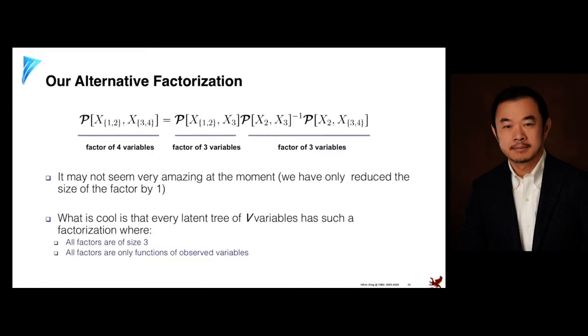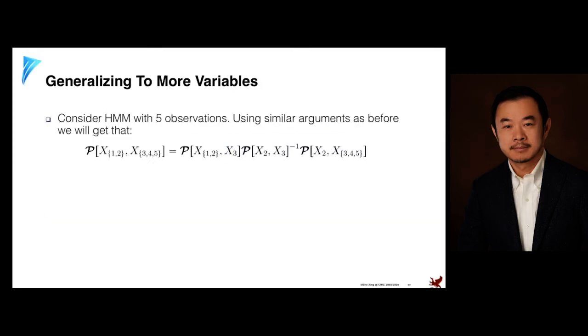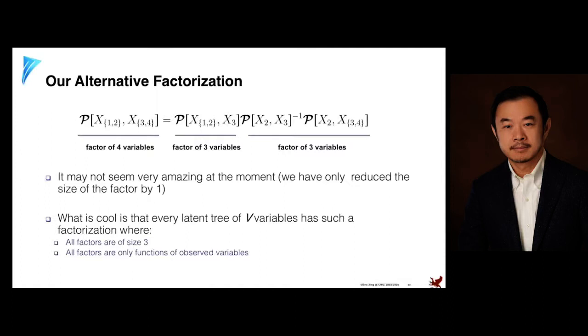So to sum up, you can use an observed factorization now to break a big observation matrix into a product of small matrices, each of which only includes the observation random variables. And of course, in here you don't see much advantage. It's just reducing the size of the matrix from 4 to 3 and 2.